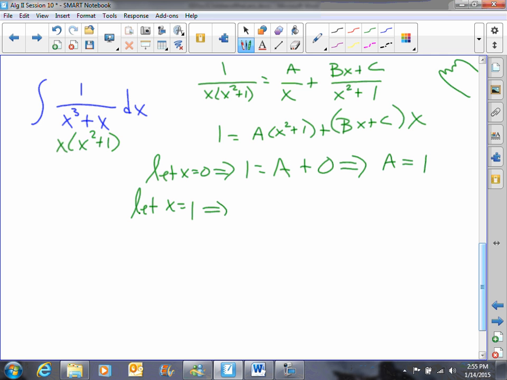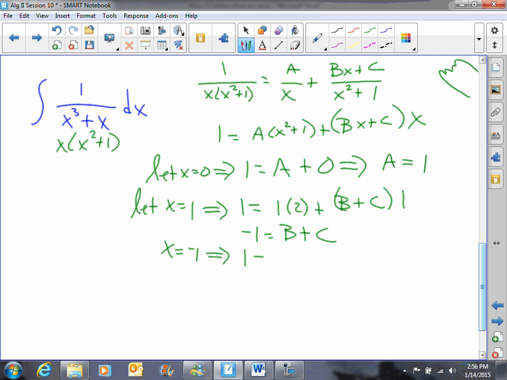That would give us 1 is equal to a, which we know is 1, times 1 squared plus 1, that's 2, plus b times 1 plus c times 1. And so we have negative 1 is equal to b plus c. Now let's try another value. How about x equals negative 1?